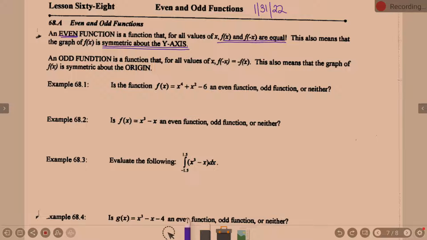An odd function is a function that for all values, f of negative x equals negative f of x. You'll remember that's usually the one we check secondly. This also means the graph of f of x is symmetric about the origin. It's kind of a diagonal symmetry.